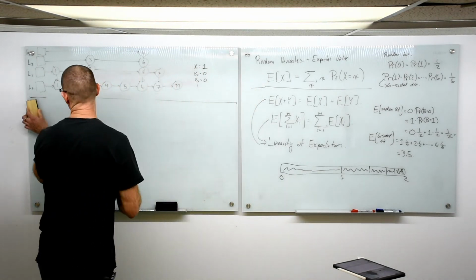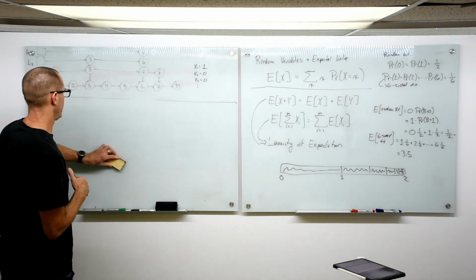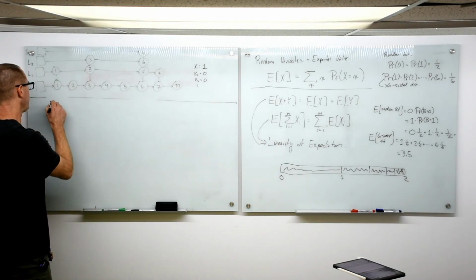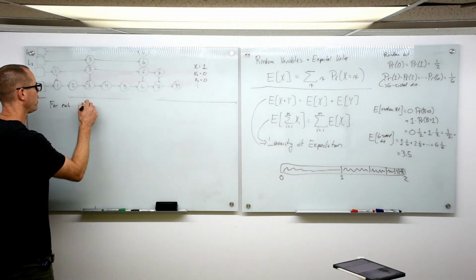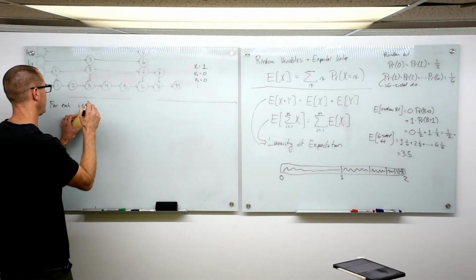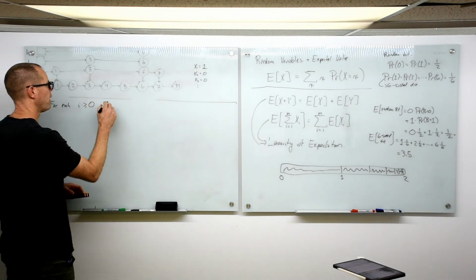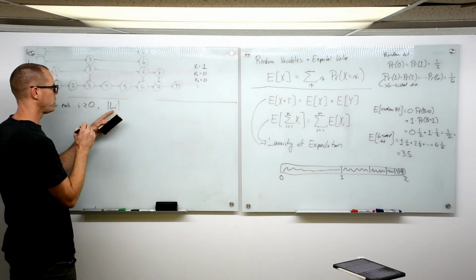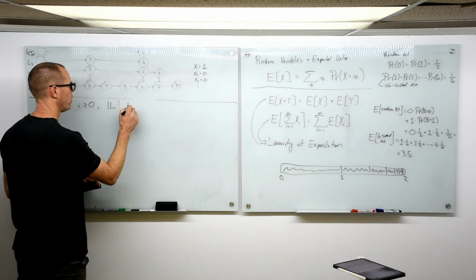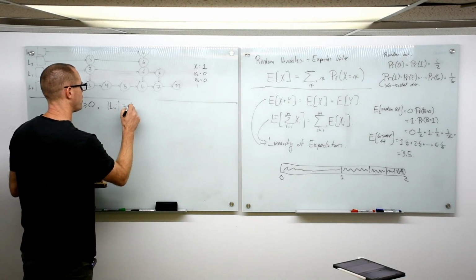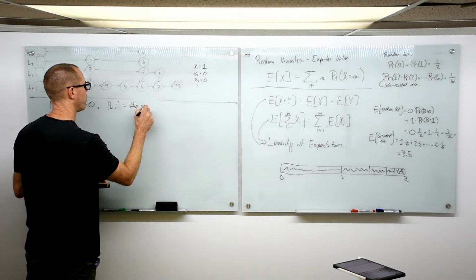So in a skip list now, let's say for each integer i bigger than or equal to 0, we use this to denote the size of Li.